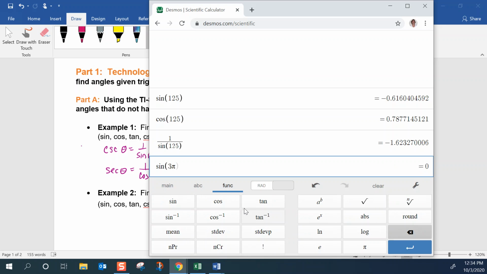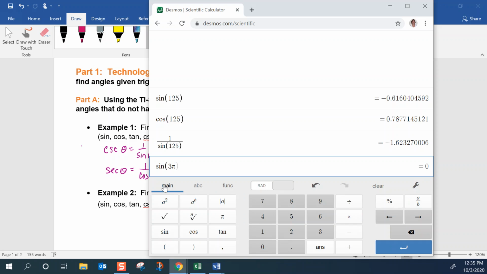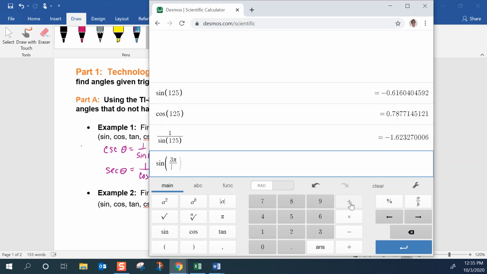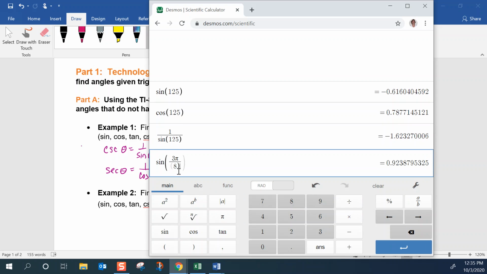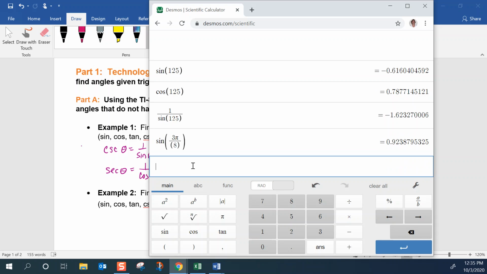There's the pi. And then go back to main, divided by 8. Close your parentheses. So we'll find the sine of 3 pi over 8. And the arrow over and close the big parentheses there. And it automatically does it. It's 0.9239.